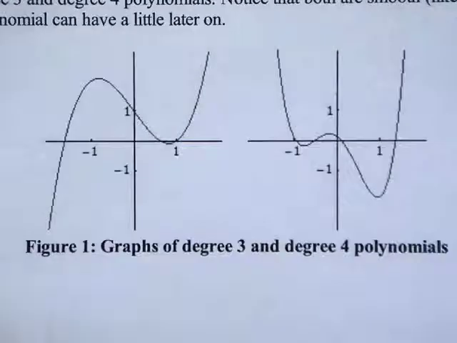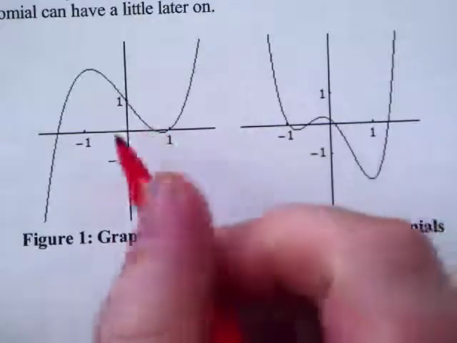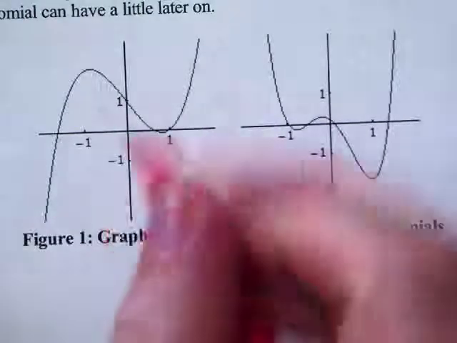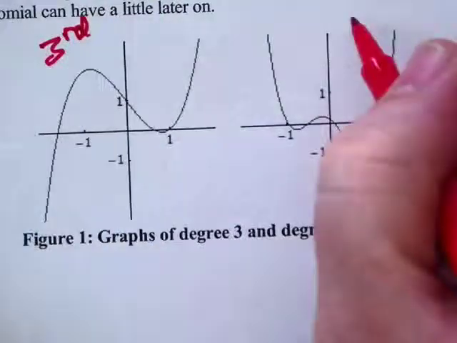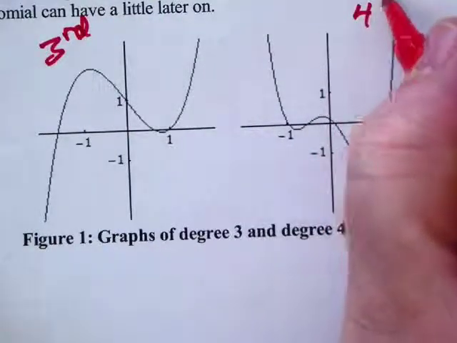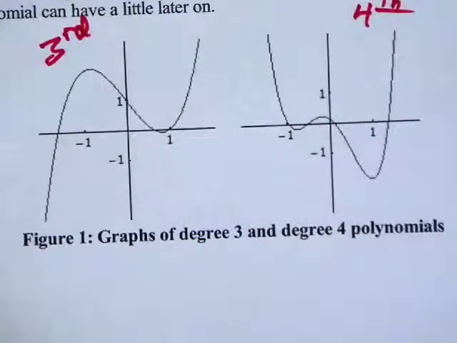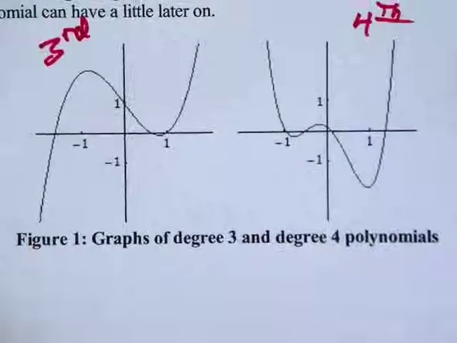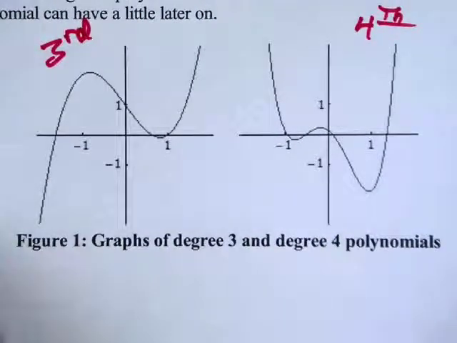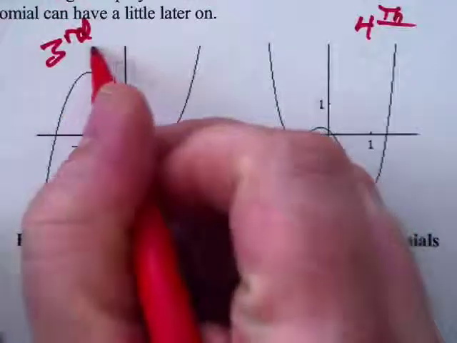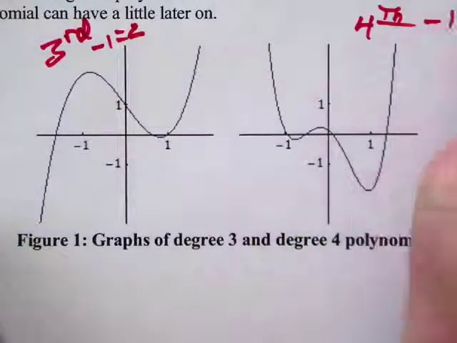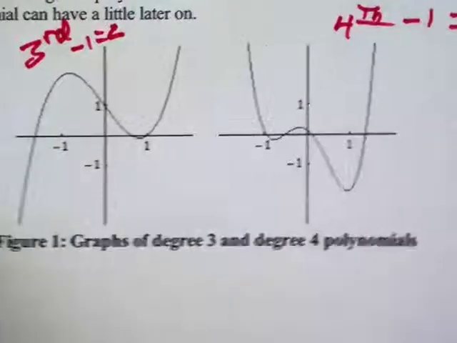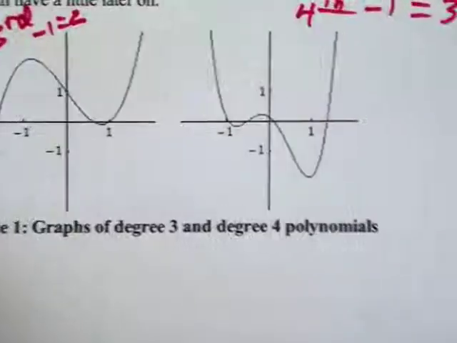So this is a third degree polynomial. I'm just going to write third right here, and this is a fourth degree. So we have a third and a fourth degree. Well, what does that tell us? If we count, minus 1, we have a 2, right? Minus 1, we have a 3. Sorry, I'll fit that in there.